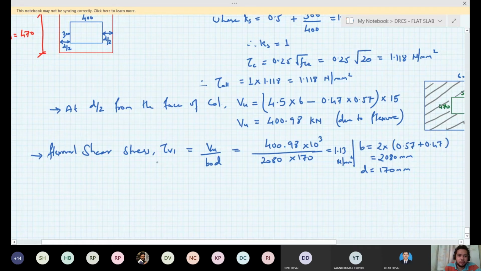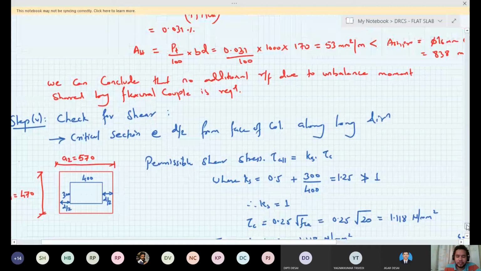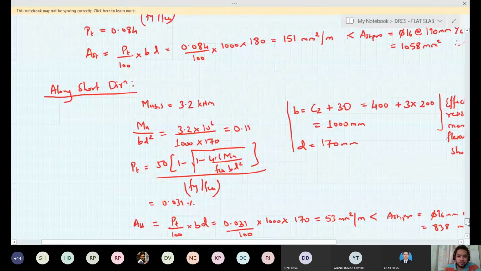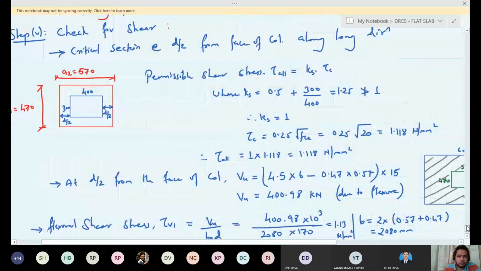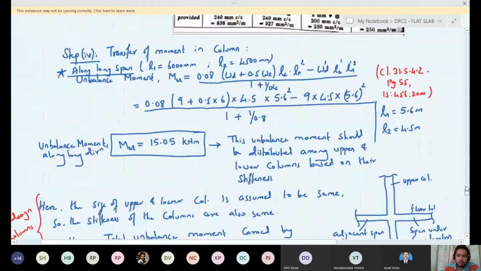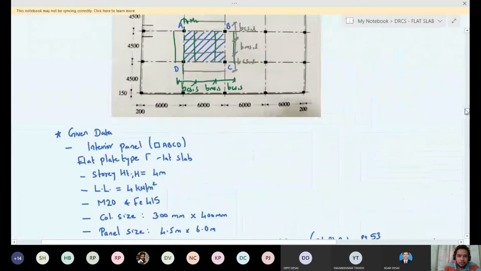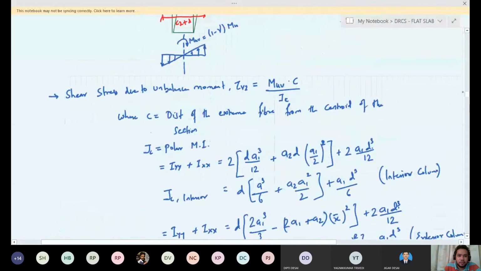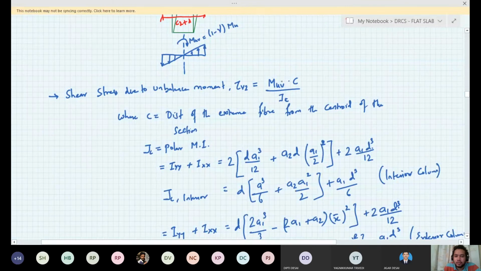Now we have to also find the shear stress due to unbalanced moment, that is due to shear couple. So if you go to the theory part, to find the shear stress due to unbalanced moment, the formula is tau v2 is equal to gamma v Mu times c, that is the distance between the extreme fibers from the center of the section, divided by Jc, the polar moment of inertia.